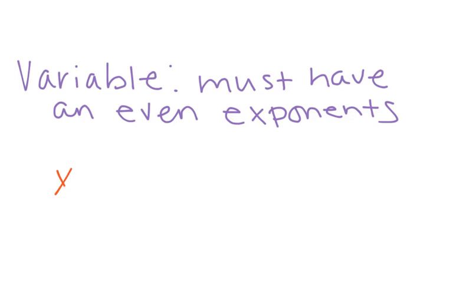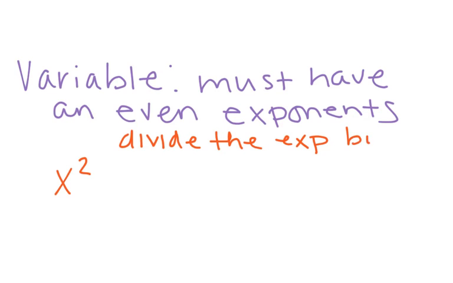So x squared. All right, in order to figure out what your square root of it is, you're going to divide the exponent by 2. All right, so my exponent on x squared is 2. So 2 divided by 2 means it would be x times x.